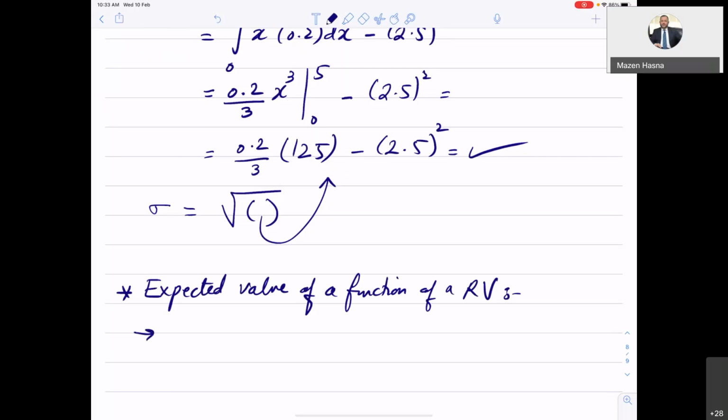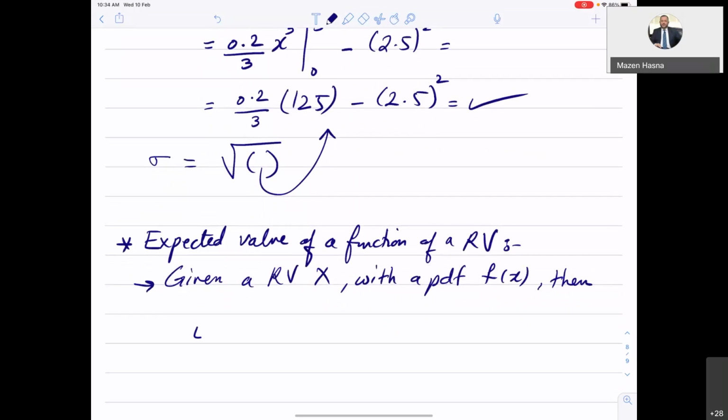What does that mean? Given a random variable x with a probability density function f of x, if I ask you what's the expected value of h of x, a function of the random variable, you simply substitute that function and multiply it by f of x dx.